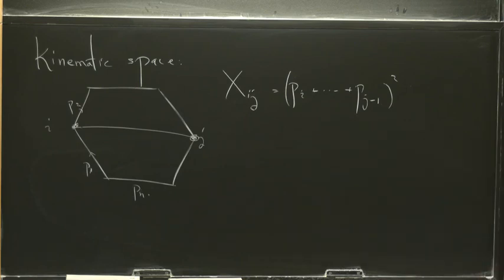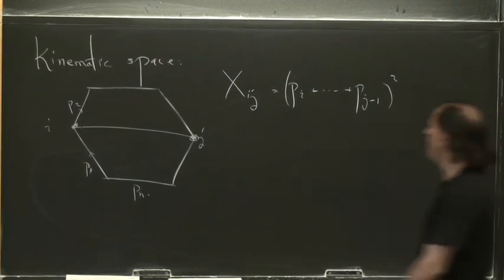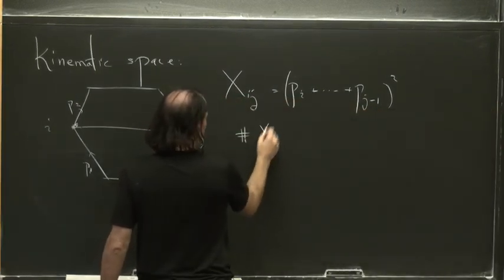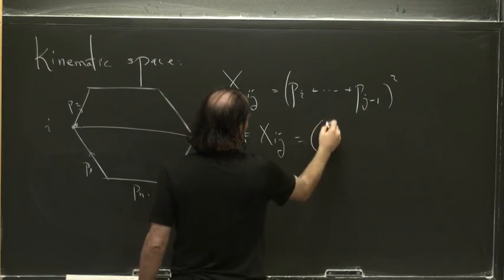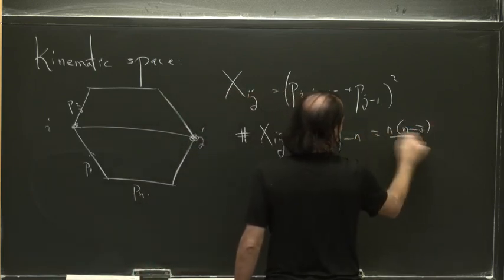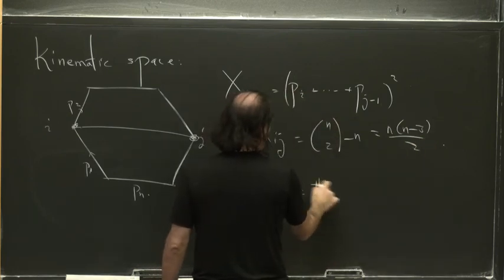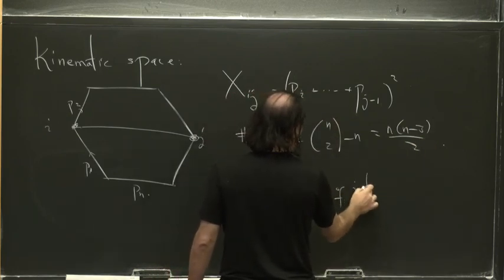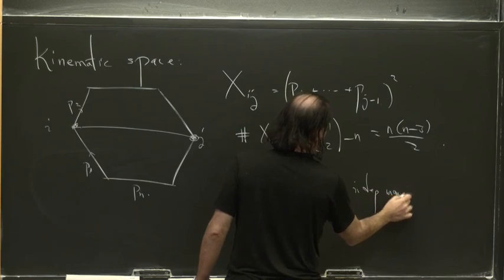Okay? So our kinematic space is just the space of the xij. And as I reviewed last time, the number of xij's, which is equal to n choose 2 minus n, which is n(n minus 3)/2, is also equal to the number of independent Mandelstam invariants.